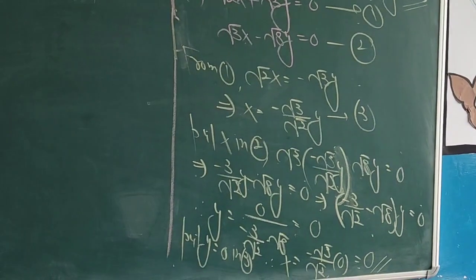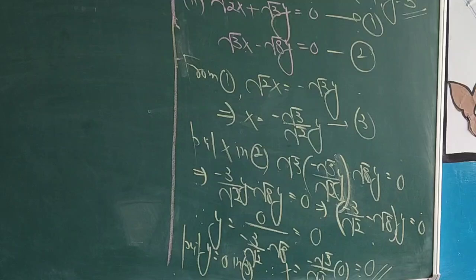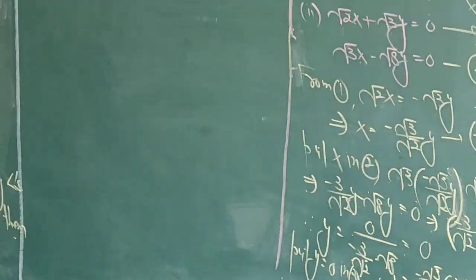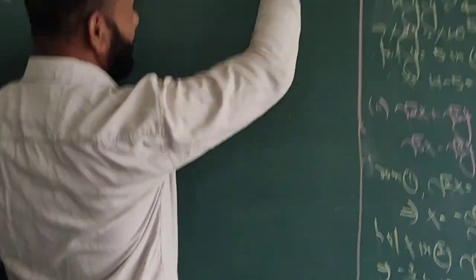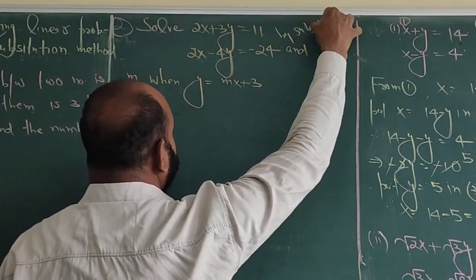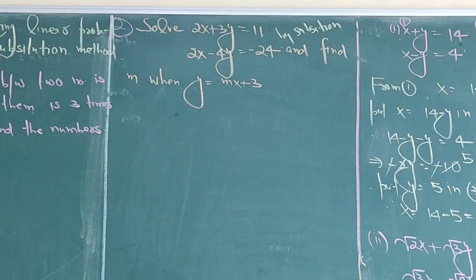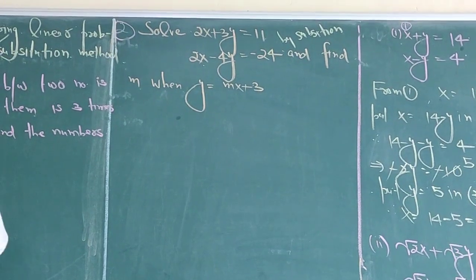Now the second question of this exercise is: solve 2x plus 3y is equal to 11 and 2x minus 4y is equal to minus 24 by substitution method. It is also given: find m when y equals mx plus 3.